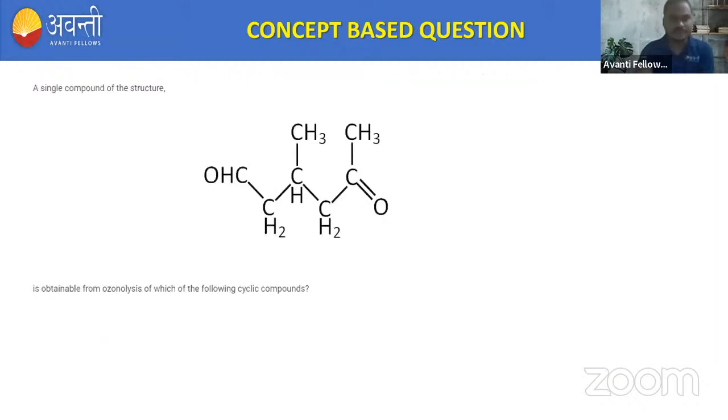ठीक है? चलो. A single compound of the structure given is obtained from the ozonolysis of the following cyclic compound. So किसका ozonolysis आप करोगे कि आपको ये प्रोडक्ट मिलेगा. ठीक है? So this product is obtained from the ozonolysis of which of the following cyclic compounds.